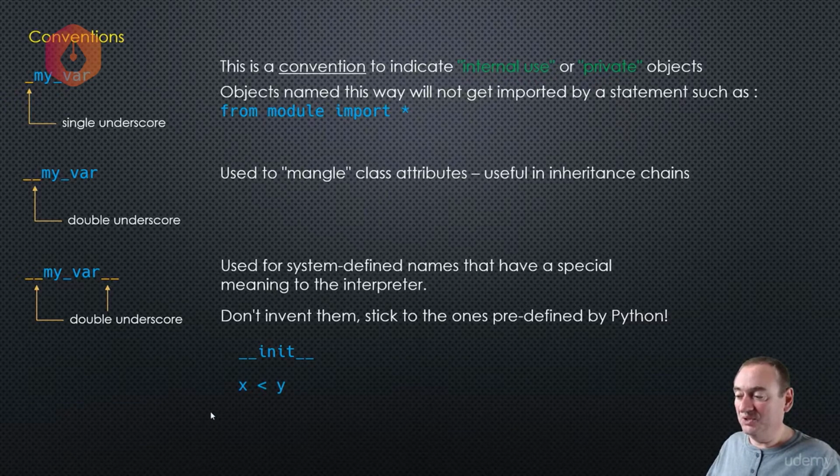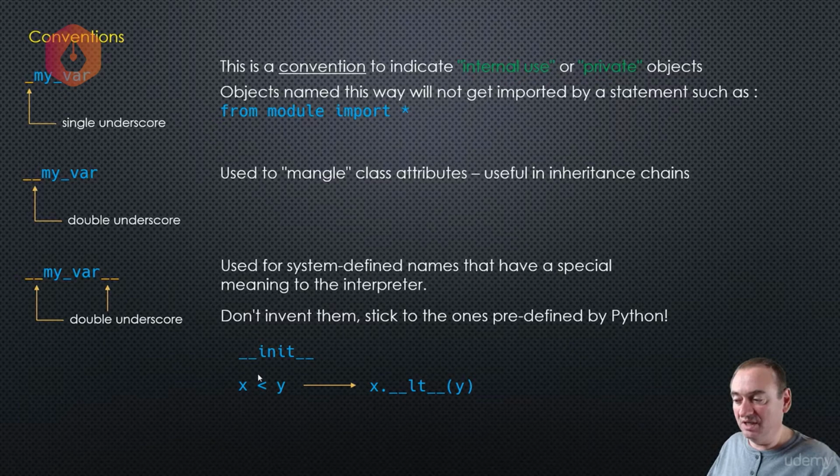Now the same thing happens. Let's say you have two objects, x and y, that are instances of some custom class that you've written, and you want to compare them. You want to say x less than y. Then the Python interpreter is actually going to run this double underscore lt double underscore method that it expects to find in this object, and then pass it the object y.